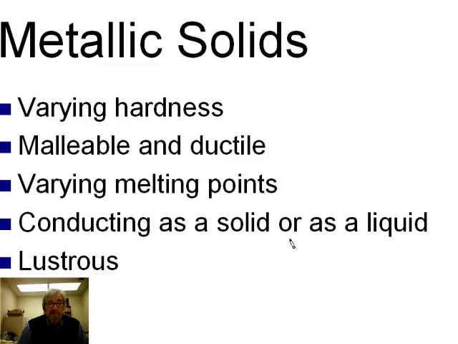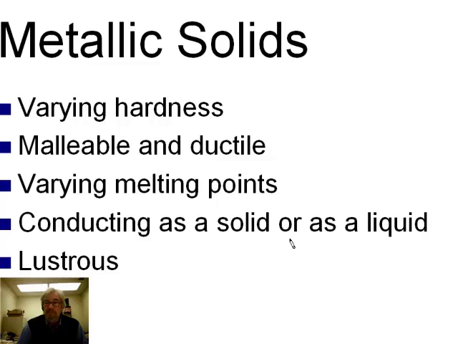If you hit it with a hammer or stretch it, it'll just take a new form and kind of reorganize the bonds that hold it together. They have varying melting points depending on how many valence electrons are there and exactly how the thing is stacked together. So some metals melt near room temperature, and some have very high melting points.